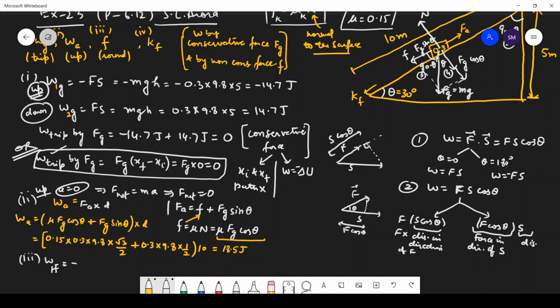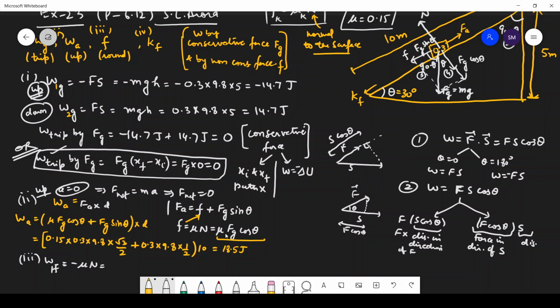So force of friction is downward, and always the angle is 180 degree, because it is in the opposite direction to the motion. The friction force is a resistive force. So this is minus nu n.